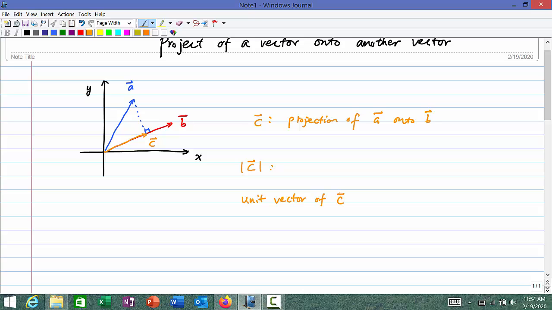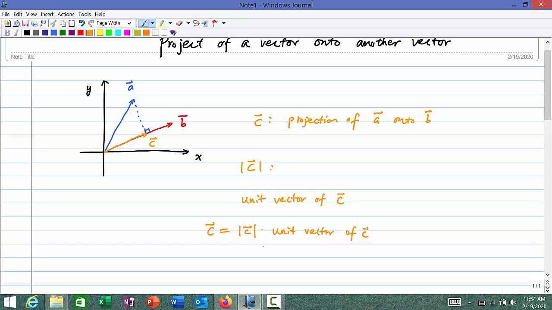The actual C vector equals the length of C times the unit vector of C, because C is a vector determined by its magnitude or length as well as its direction, which is determined by the unit vector of C.